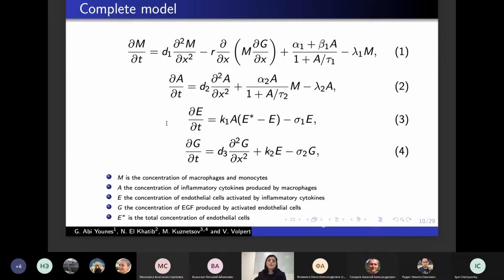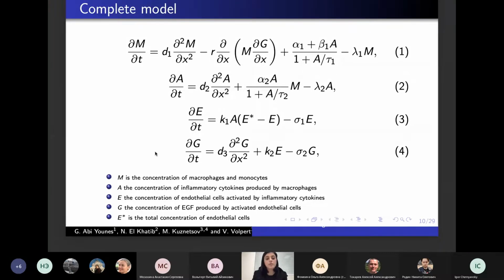So we propose this mathematical model that describes the processes that we talked about earlier. This is a system of 4 partial differential equations of reaction-diffusion type.